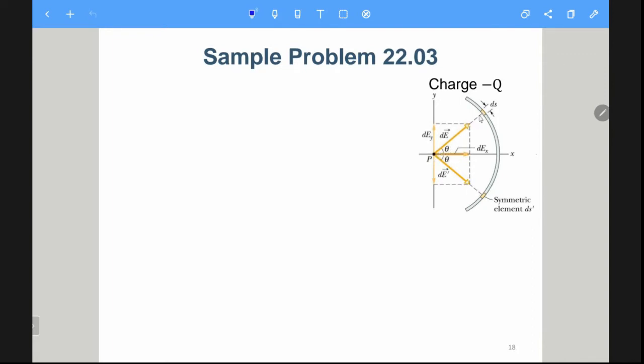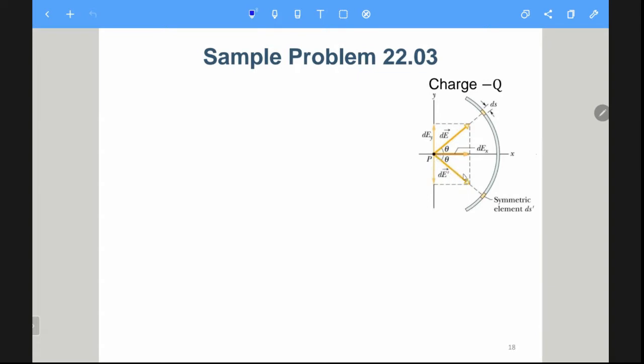Since the charges are the same and the distances are also the same, they generate E fields with the same magnitude. Of course, the directions are not the same, but ds generates dE with a magnitude the same as dE prime.